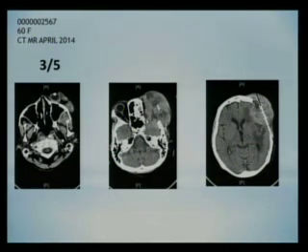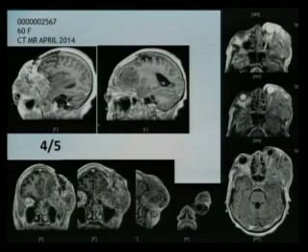And in April, it looked pretty bad. These are more pictures of the April situation. So it's a huge craniofrontal mass with invasion of the orbit, extrusion of the eye.